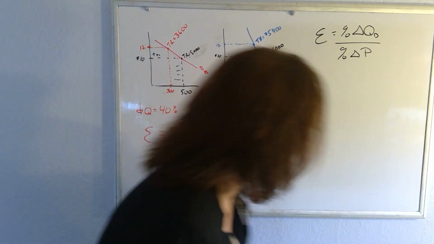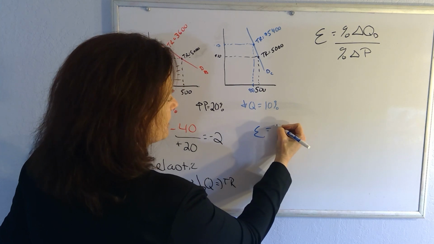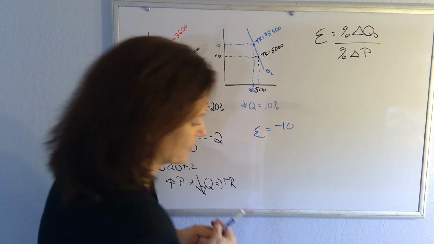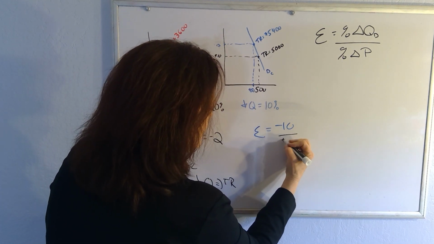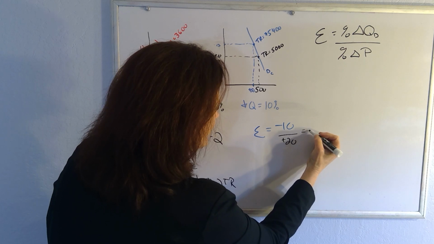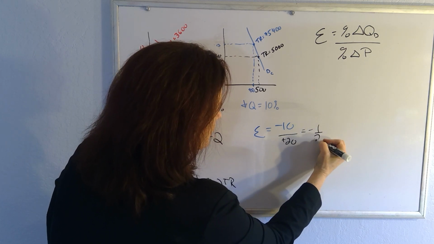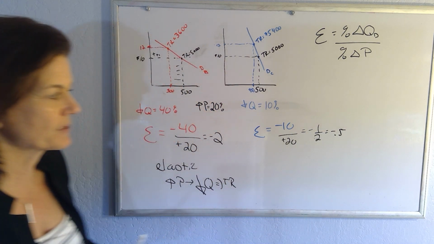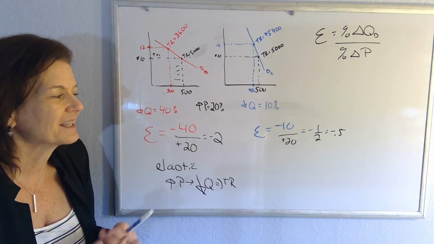Whereas over here, you can see the elasticity, quantity falls, but it only falls by 10% with that 20% increase in price. And so elasticity is negative 1/2, or negative 0.5. I don't care if you use fractions or decimals, whichever you're more comfortable with. It's less than 1.